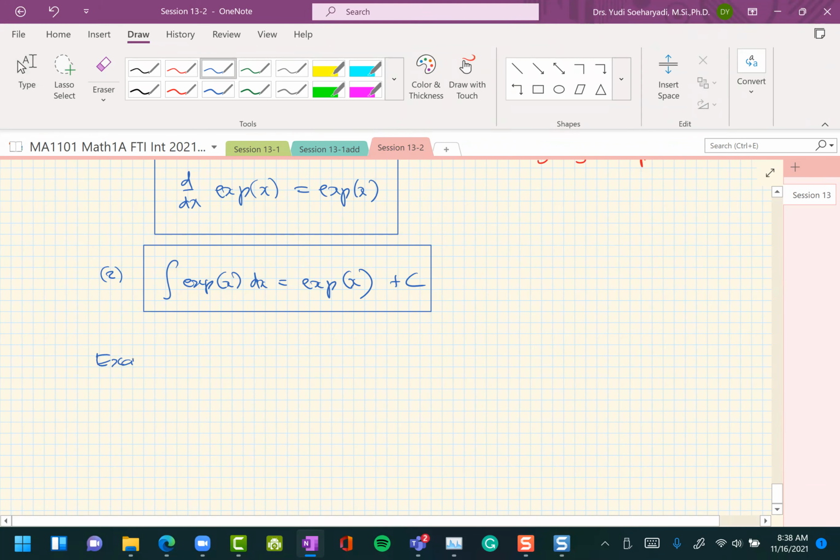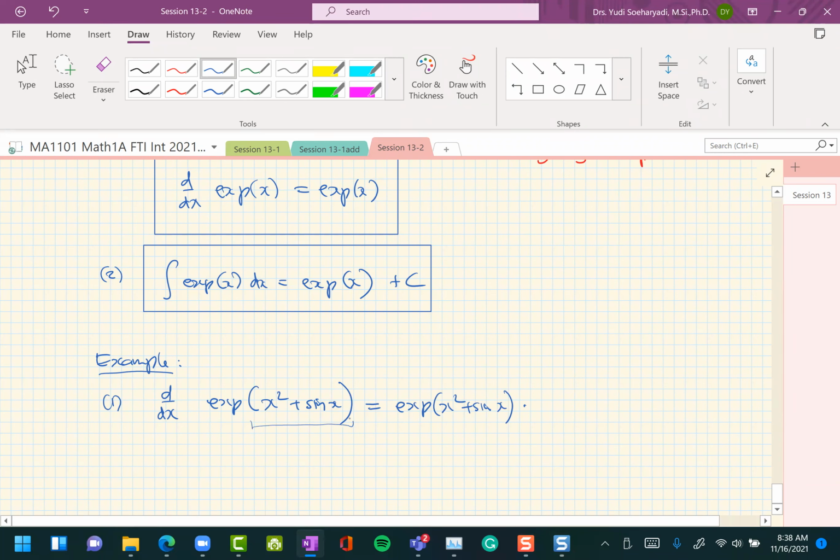Example now. So let's take the derivative of exp of sine x. So using the chain rule, we get, well, it's still the same, exp is still exp, but you got to multiply by the derivative of what's inside.